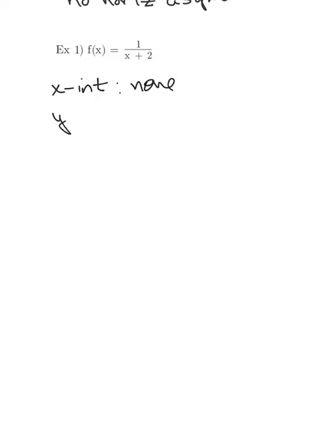For y-intercept, you put 0 in for x. If we did that, we would have 1 over 0 plus 2, which is 1/2. A y-intercept is a point, so we would write it as (0, 1/2).